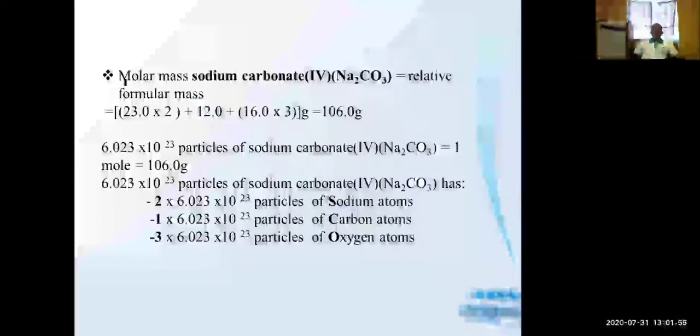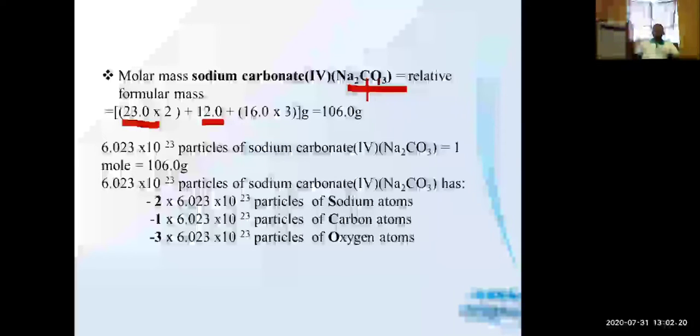We have also the compound sodium carbonate. Here you just do the same. We have 2 sodium atoms, and one sodium atom has a relative atomic mass of 23, so multiplying by 2 you get 46. You add the relative atomic mass of carbon, which is 12.